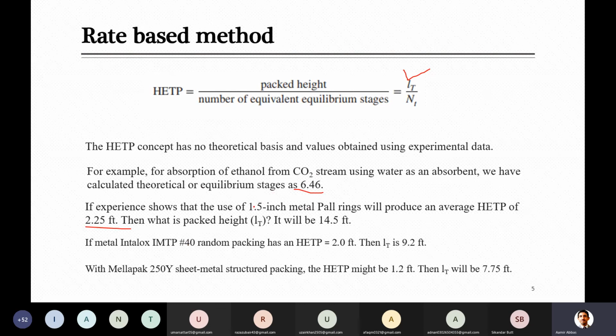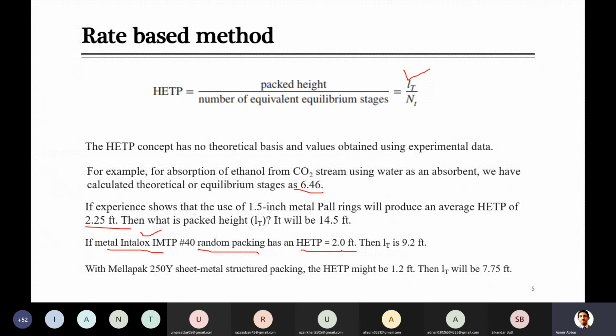The next type is metal IMTP number 40, also a random packing, but this is better than the first one, because its height equivalent to the theoretical plate has improved. Whenever the HETP is reduced, it goes down, which means the values are coming close to each other.